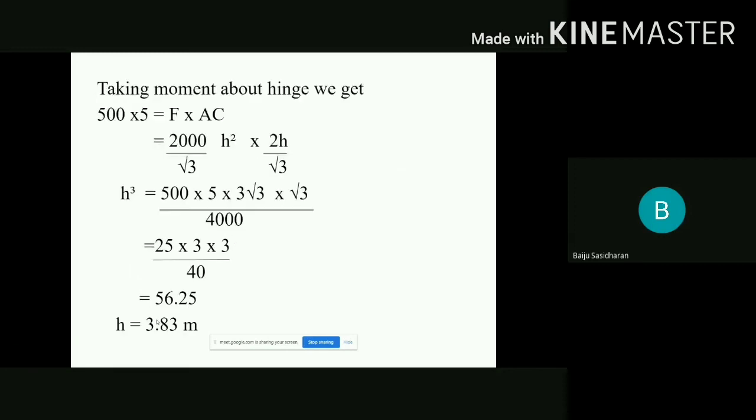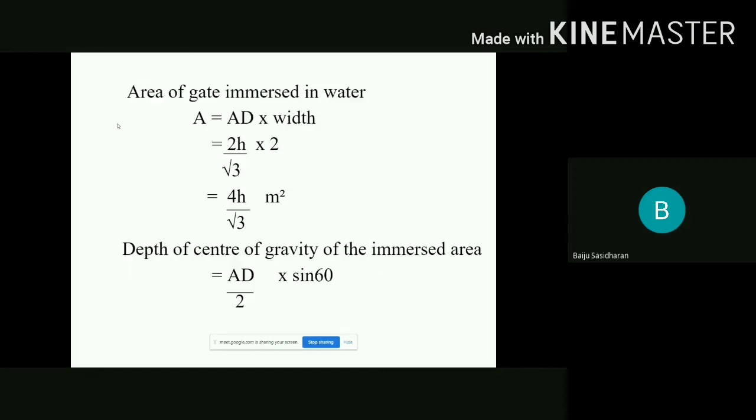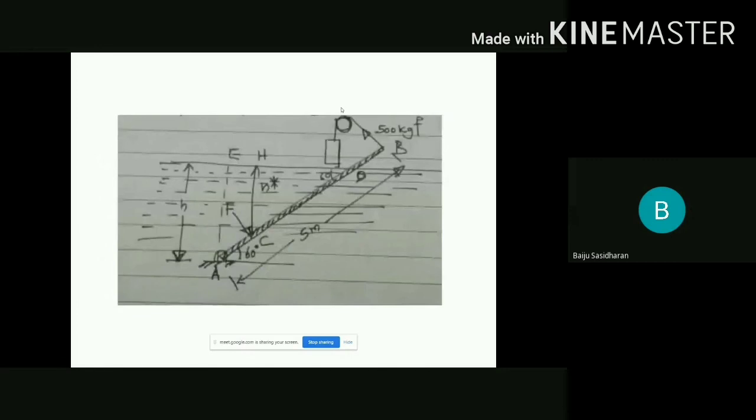Taking moment about the hinge, we will get 500 into 5. Look at the figure: this 500 into 5, we are taking moment about this hinge. 500 into 5 is the anti-clockwise moment. That will be equal to this F into AC.